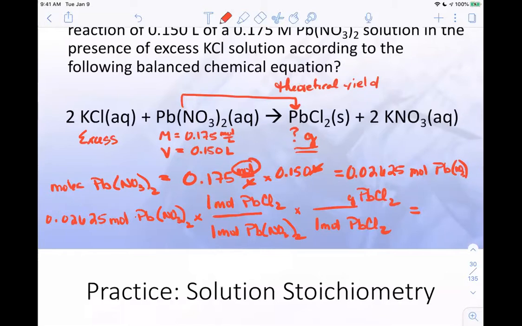So I have 207.2 plus 2 times Cl, so 2 times 35.453. That gives me a molar mass of 278.11.